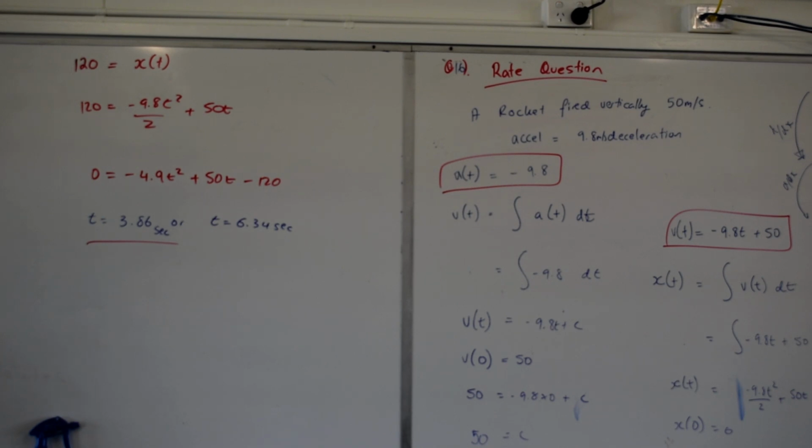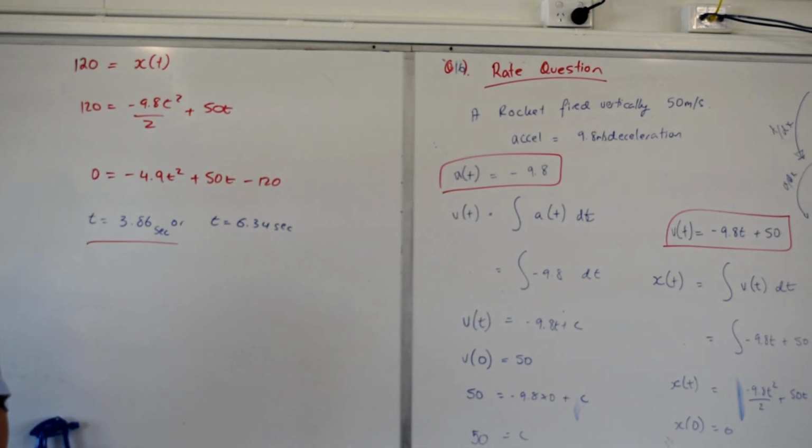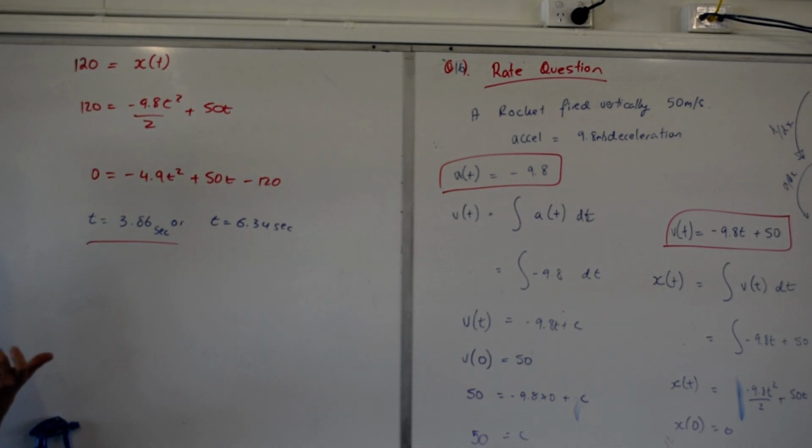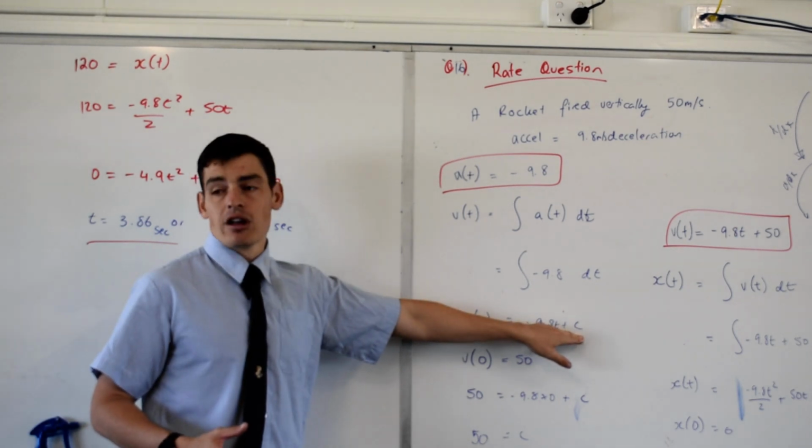Anything else in that question? Don't think so. Are we clear on how those kinematics questions work? What's the challenge? Identifying what you're looking for and finding information. So most of us would have struggled to find that C value. How do we know to find that C value?